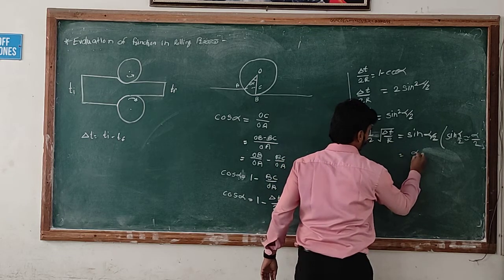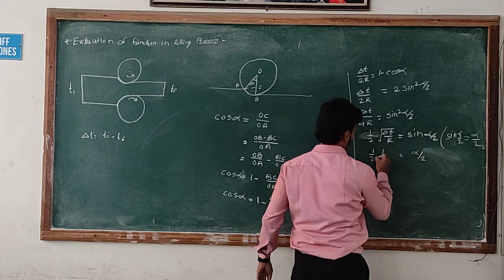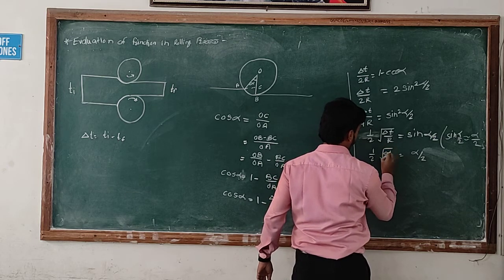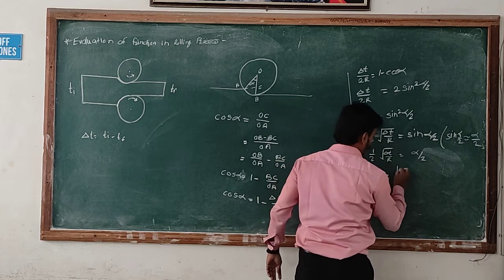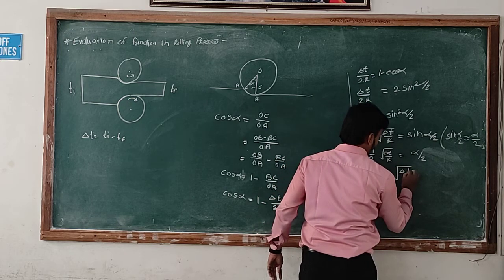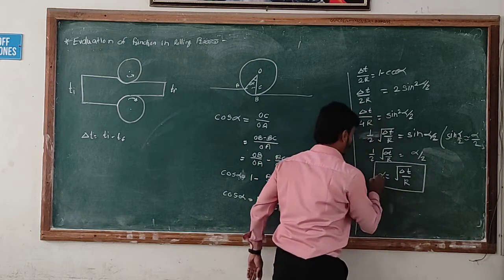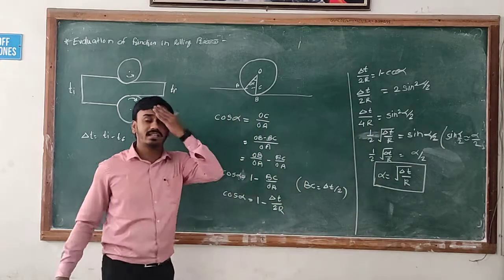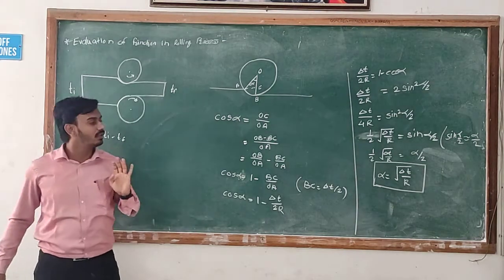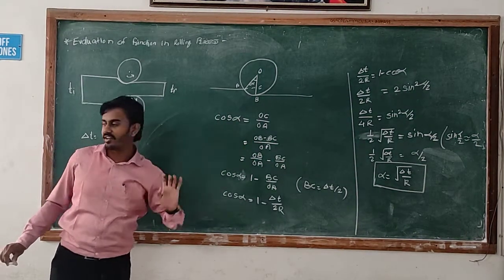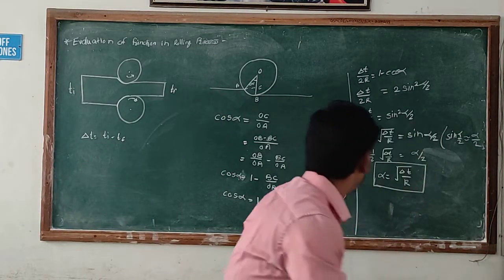Therefore, alpha by 2 is equal to 1/2 into square root of delta t upon r, and therefore alpha is equal to square root of delta t by r. Okay, so this is our first derivation for alpha.